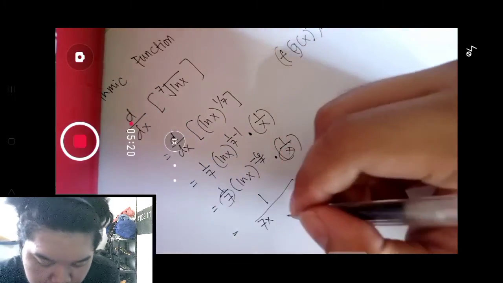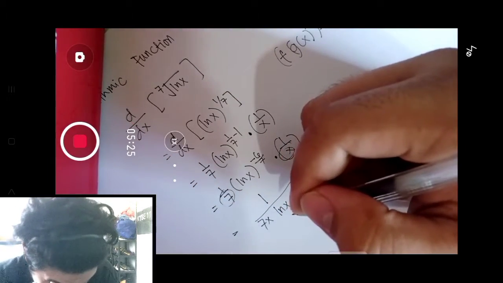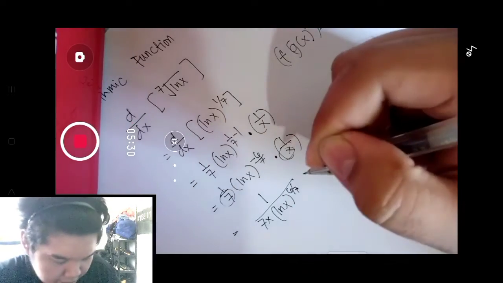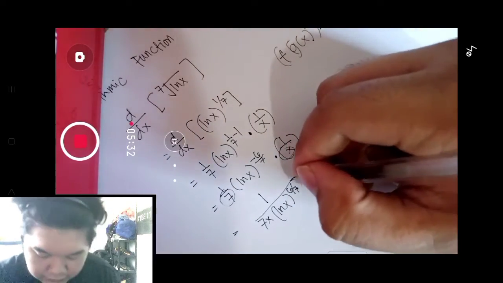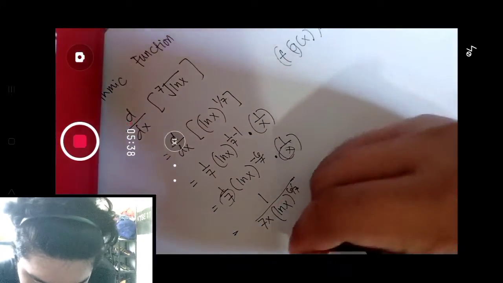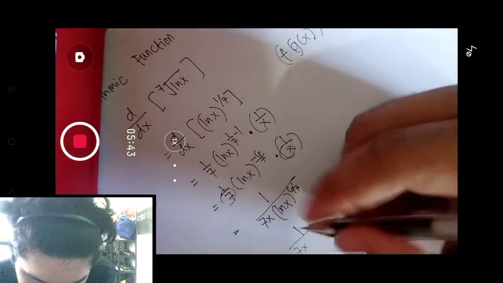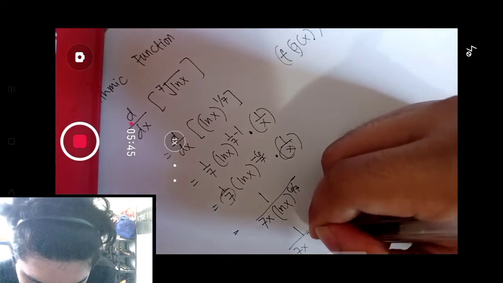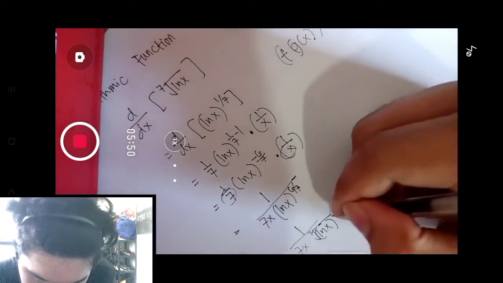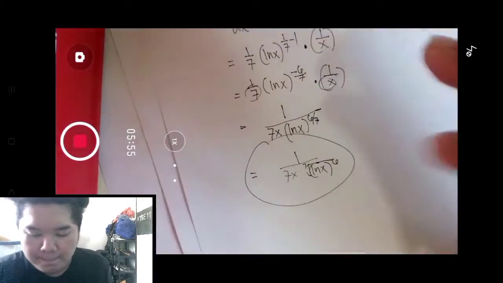To get rid of the negative, we move it to the bottom: 7x times ln x raised to 6 over 7. So this is the answer, which can also be written as the 7th root of ln x over 6. That's the answer.